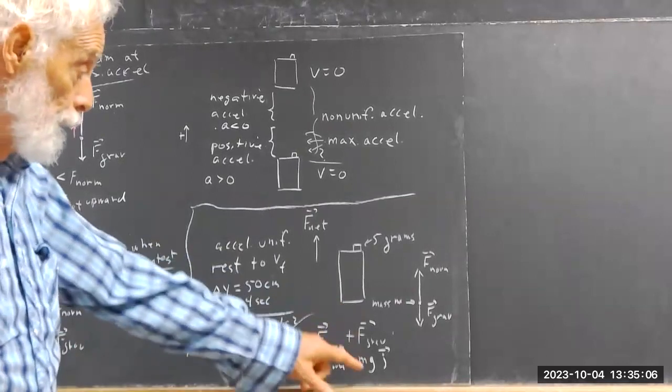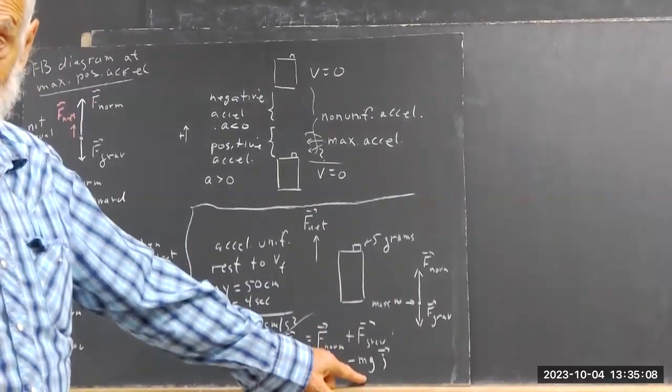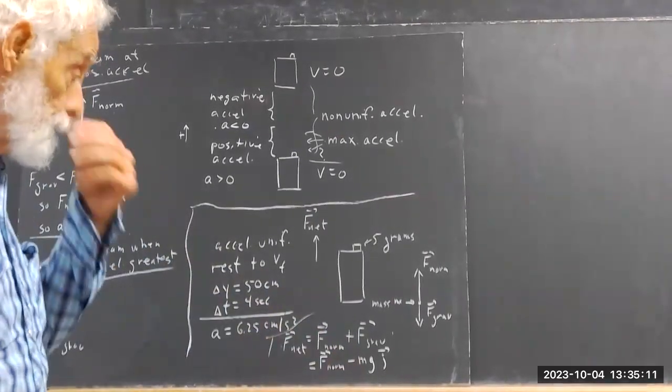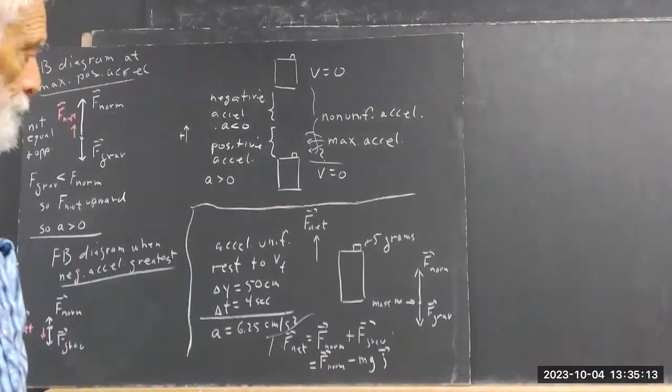And I've got arrows over these, I better make this a vector. Okay. It's safest if you do that.